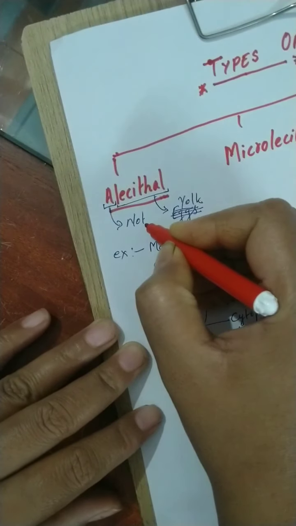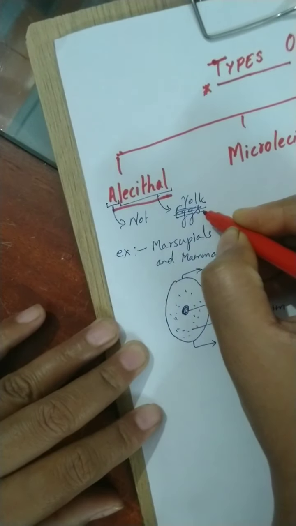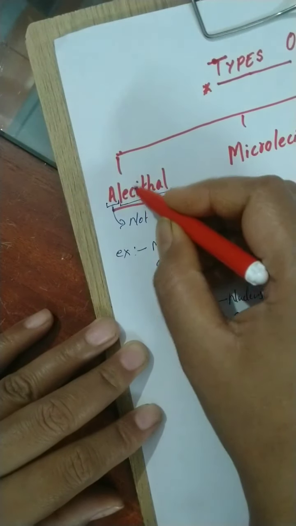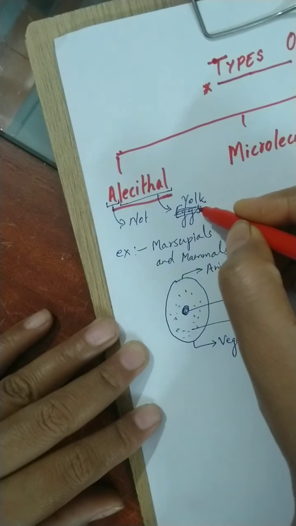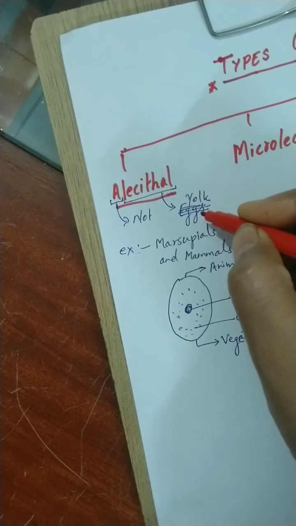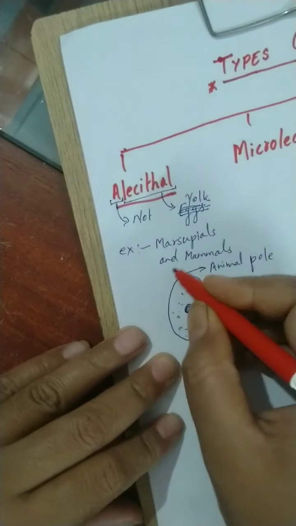A means not, and lecithal means yolk, so these are eggs which do not have yolk present inside the egg.